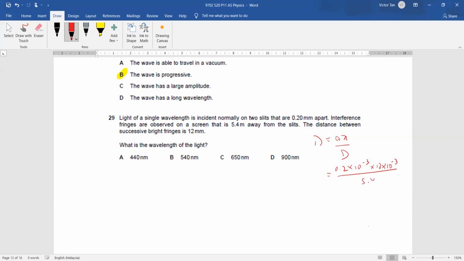D is the distance between the slit and the fringe. That gives 4 nanometers. Okay.